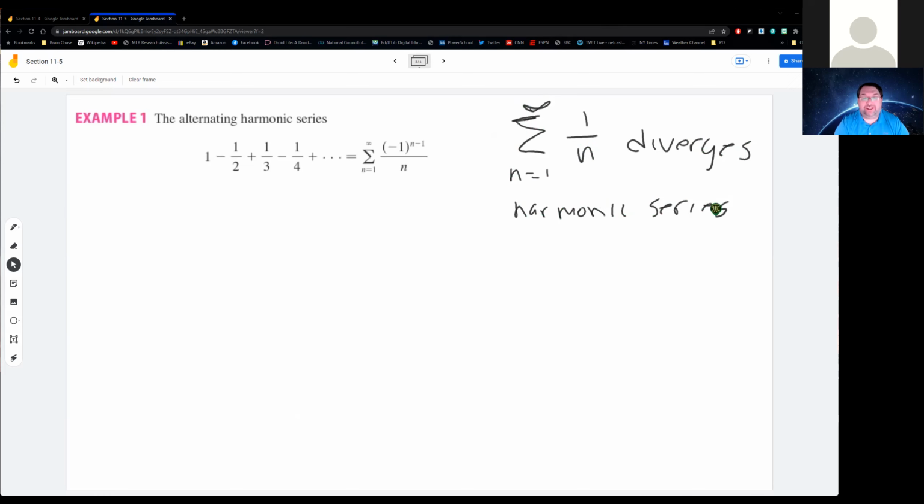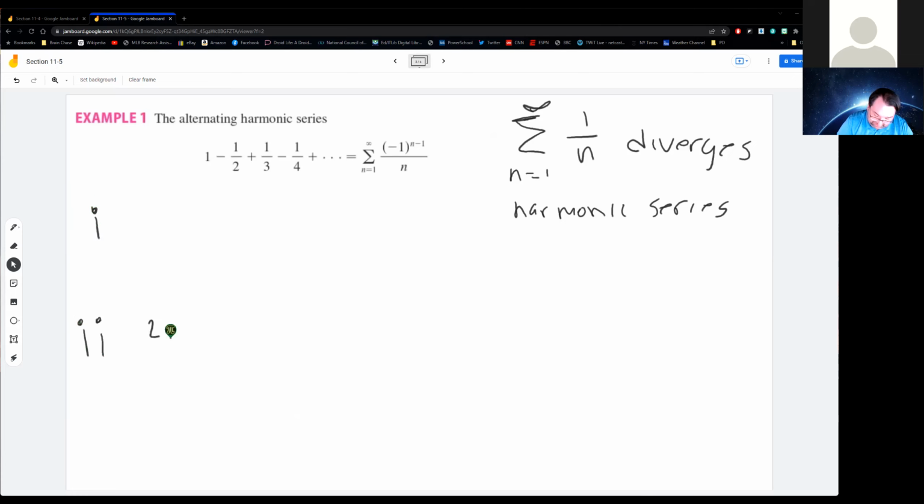The alternating harmonic series, let's see if that converges or diverges. So this series right here is most definitely alternating because it's got the -1 and +1 thing going on there. So it's going to keep switching back and forth. So we have to test our 2 criteria.